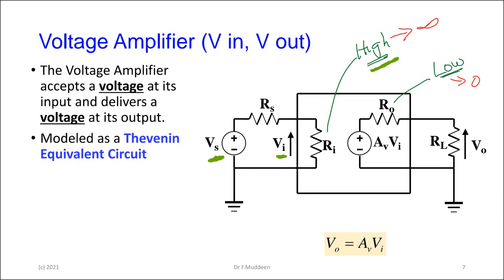Similarly, we want the output impedance to be as low as possible, so all of the amplified voltage appears across the load. In theory, RO should be a short circuit, so AV times Vi is appearing across the load. Make sense? So this is looking at it from a model point of view rather than from the transistors and so on. And there are things you would have met already, I'm sure.